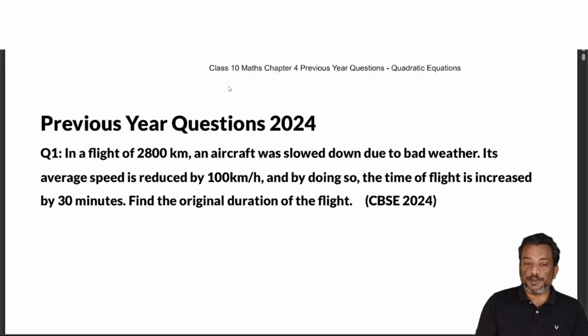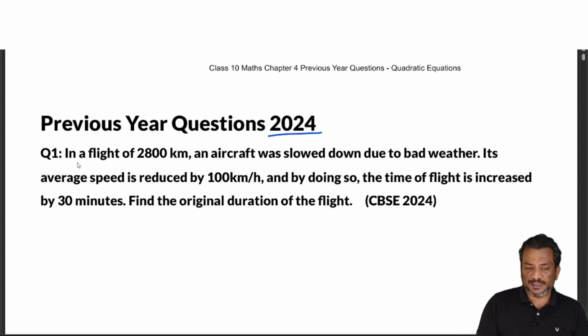Okay, so let's start. You can see this is a previous year board paper. So the first question is from 2024 on quadratic equations. The question is very easy. This type of question comes every time by changing the values or the vehicles, aircraft to train, train to bus, like that.